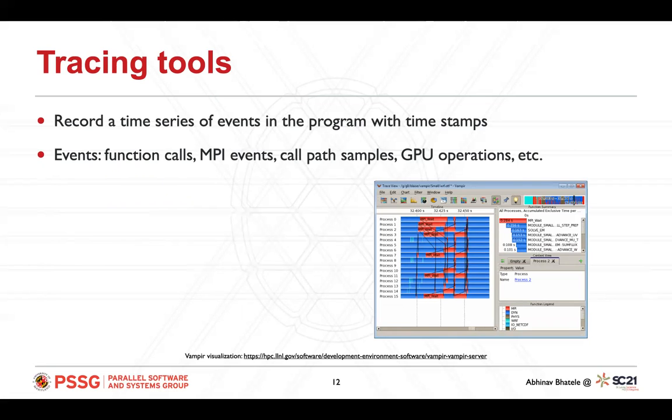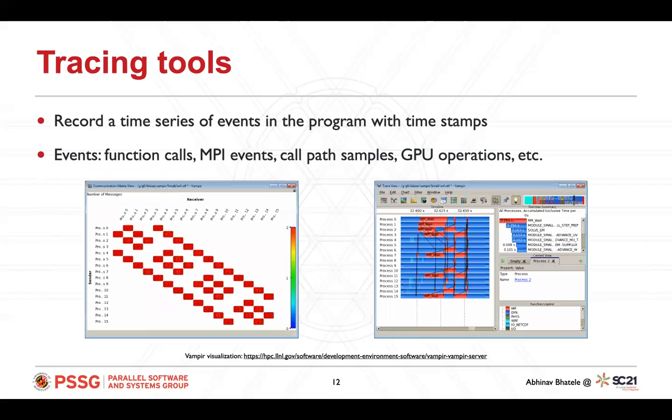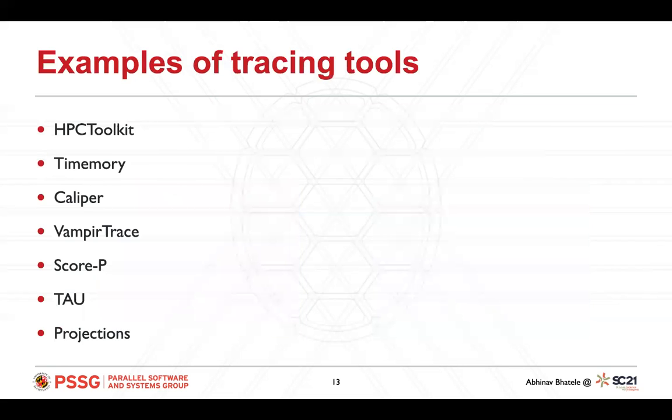The image here shows the different events that happen on different processes and communication through black lines. You can also aggregate information from a trace to look at aggregated data, such as in this figure on the left, which shows the communication matrix of the volume of data exchange between different processes. These are some examples of tracing tools. I won't read all of them, but the 3 that we'll cover in this tutorial are HPCToolkit, Tempery, and Caliper.